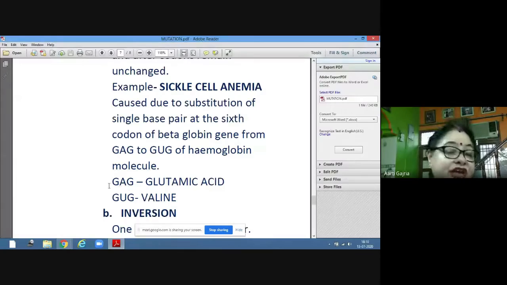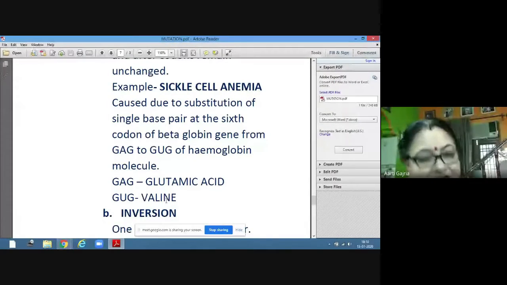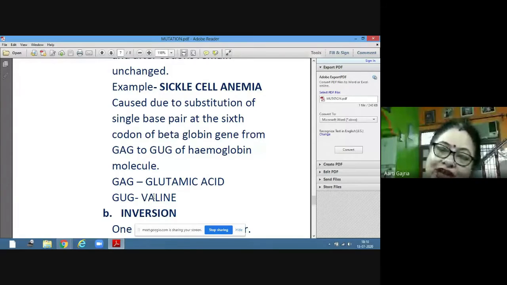So this GAG is coding for glutamic acid. Now when this GAG got changed into GUG, it is coding for valine. So the amino acid is changed. When the amino acid is changed, the protein is changed, and that results in the sickle cell anemia disorder.